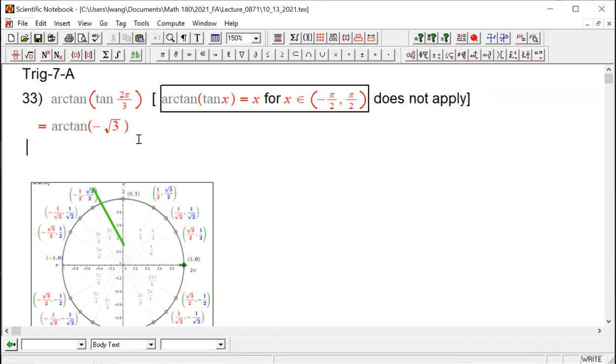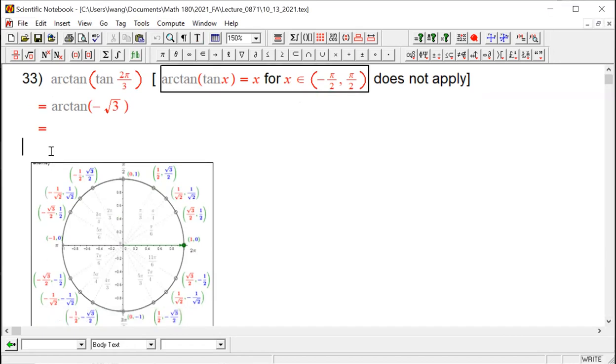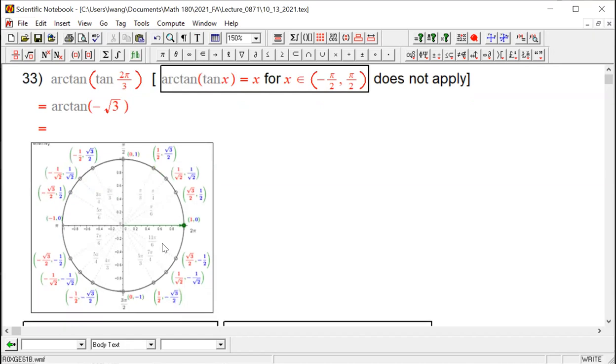Your answer has to be between negative pi over 2 and pi over 2, right? So there's another place that will also give us the same ratio. What would that be? Negative half, root 3 over 2. Is there another place?